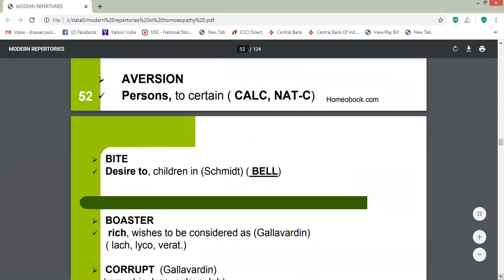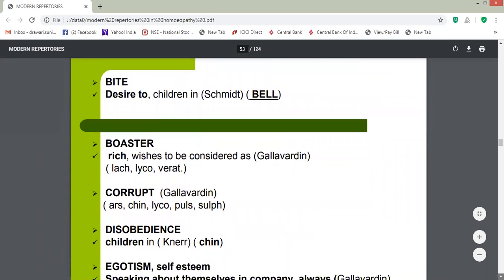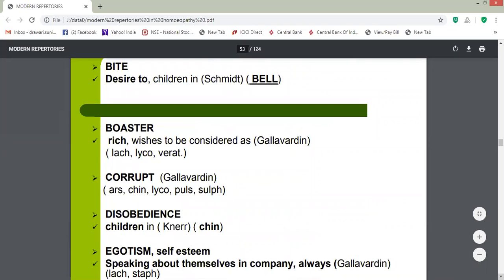Aversion to certain persons, indicated medicines are calcarea and natrum carb. Then bite, desire to, children in, was taken from Smith's work, and belladonna was the indicated medicine.